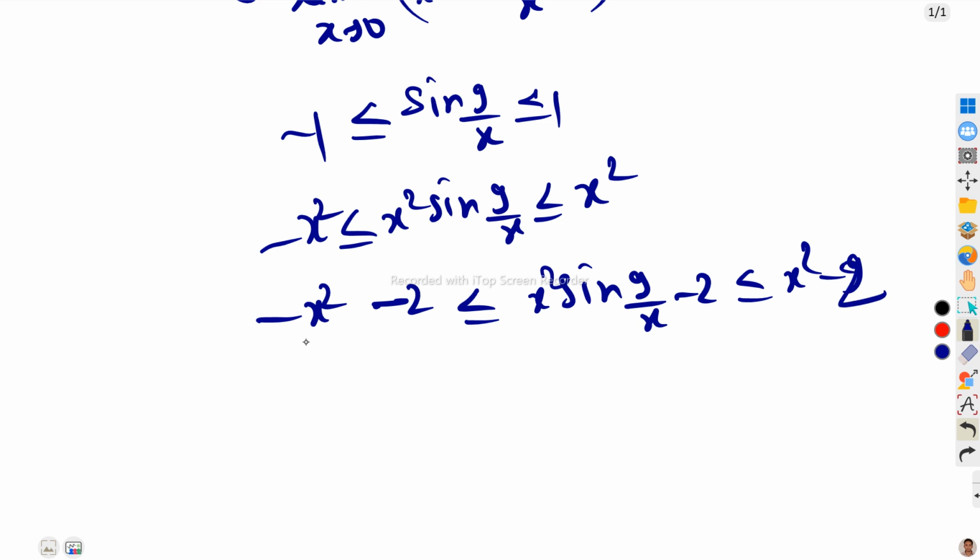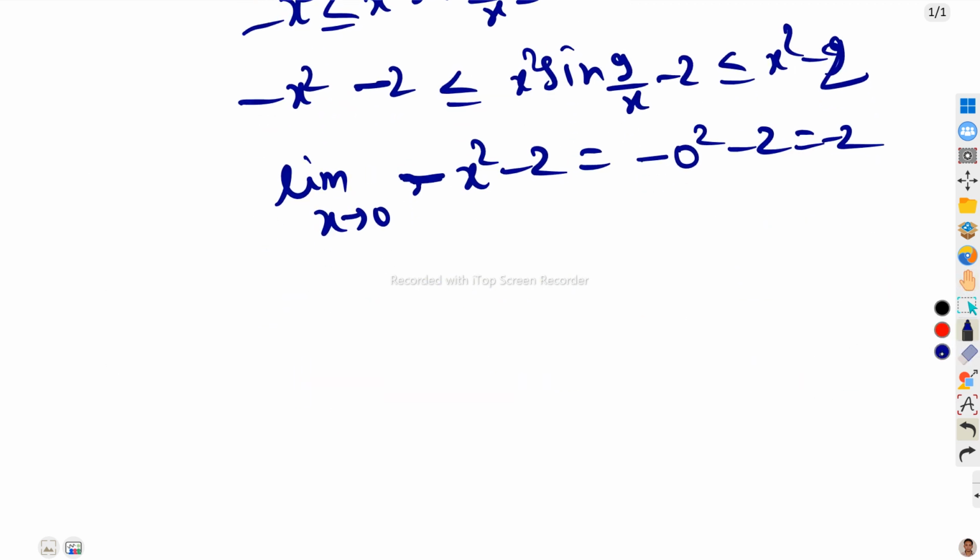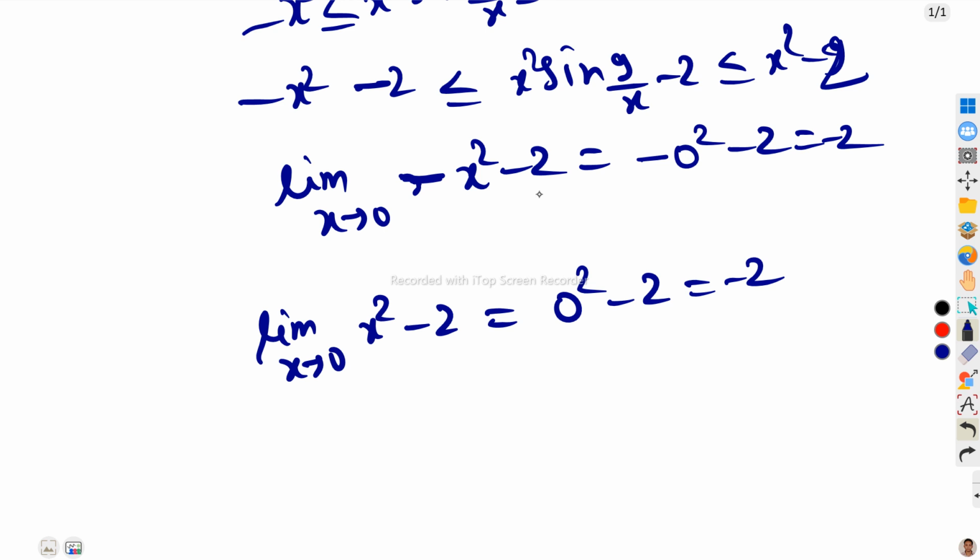Since x square minus 2 and minus x square minus 2 are polynomials, the limit as x tends to 0 can be found by putting in the value directly. So minus x square minus 2 becomes minus 0 square minus 2, which is minus 2, and the limit as x tends to 0 of x square minus 2 is also 0 square minus 2, which is minus 2. We see that the functions at the extreme sides go to the same limit, so the function in the middle also tends to the same limit as x tends to 0 by the squeeze principle.